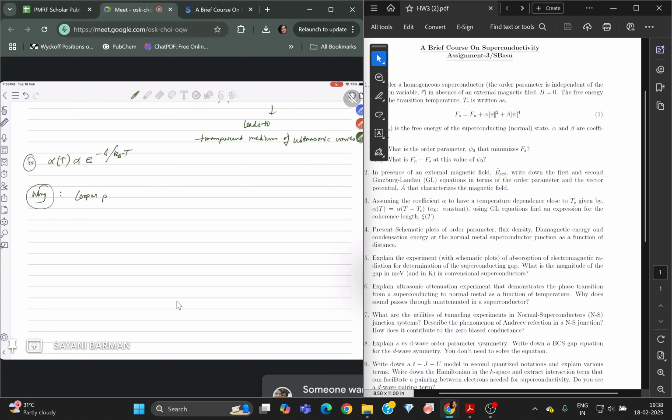Due to that, it leads to quasi-particle excitation, which means it interacts with phonons.